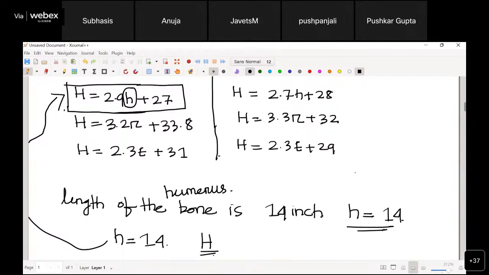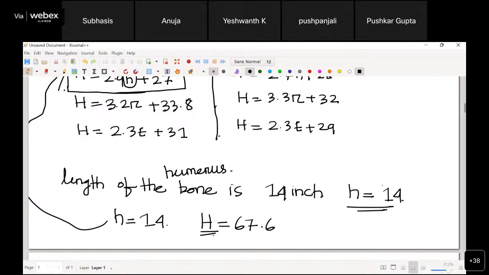Can one of you tell me? 67.6, right? Yes. So this is the approximate height.